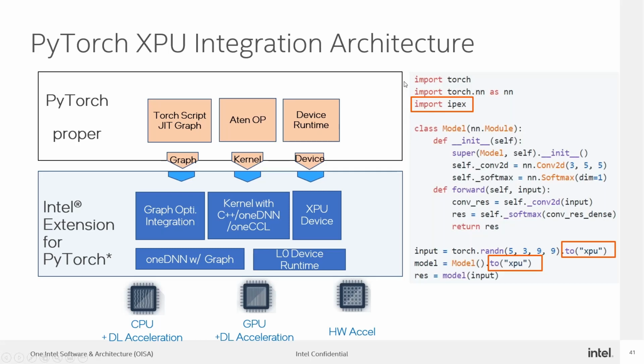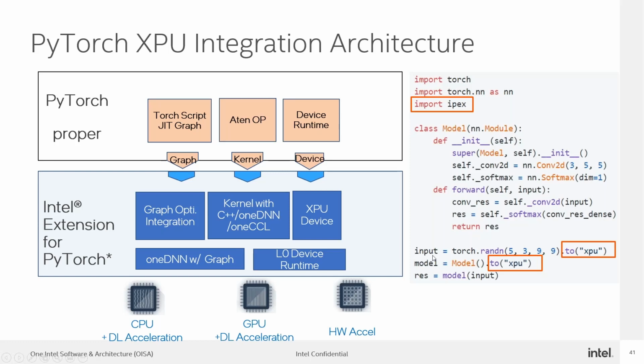From the software user perspective, the code change to the original PyTorch code is very simple. First, you need to import Intel Extension for PyTorch, and then again, just define the module as you would for PyTorch.